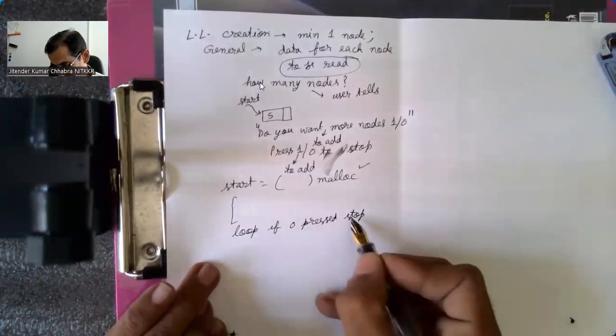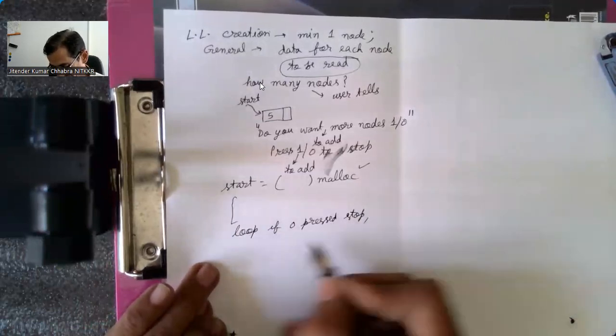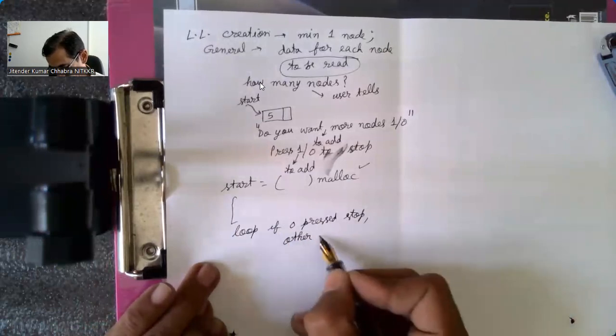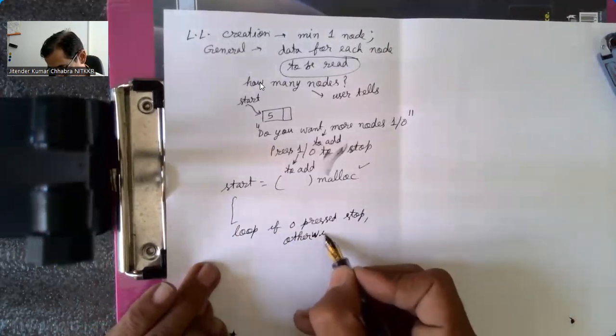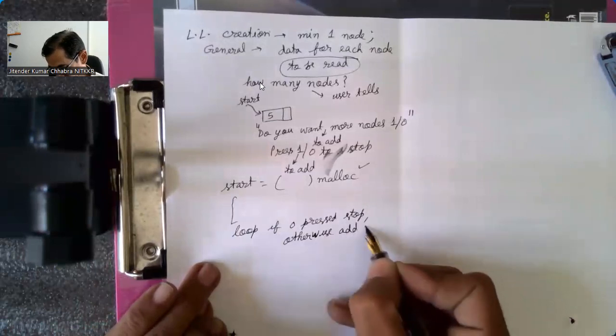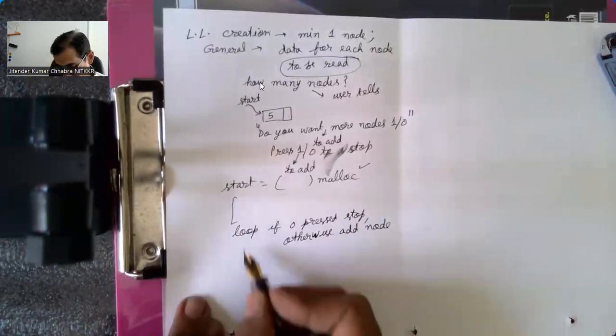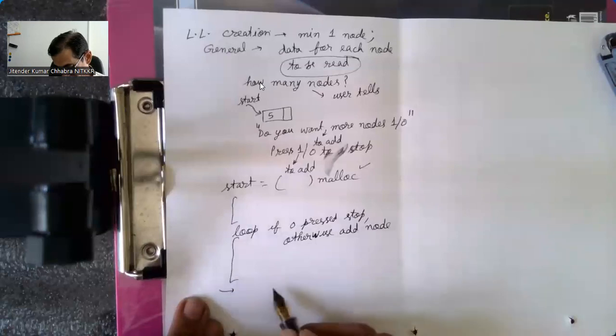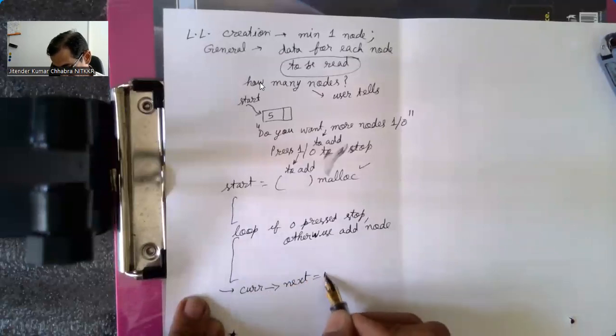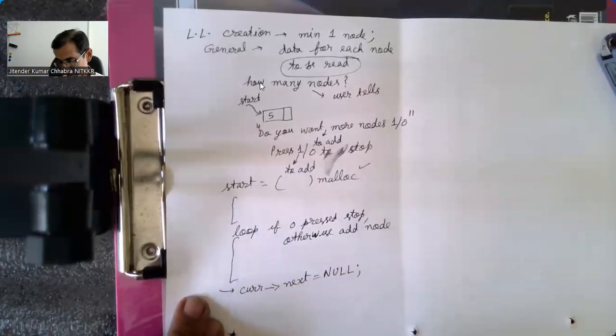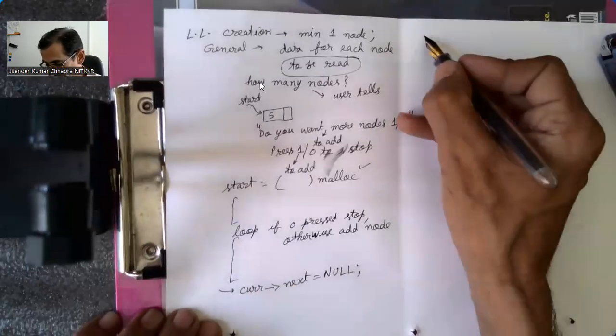Otherwise, add a node. Once the loop is over, finally you will have current arrow next equal to null to end the list. So I will give you homework.